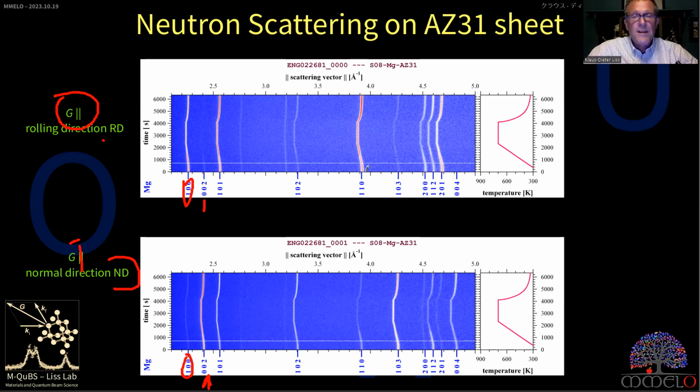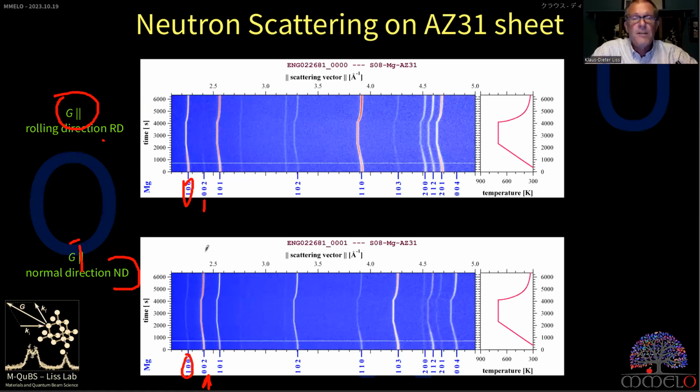As we have thermal expansion, the lattice parameter becomes larger, which means in reciprocal space we get a shrinkage. So we get shorter scattering vectors, and we're going closer to the 0 here on the x-axis.